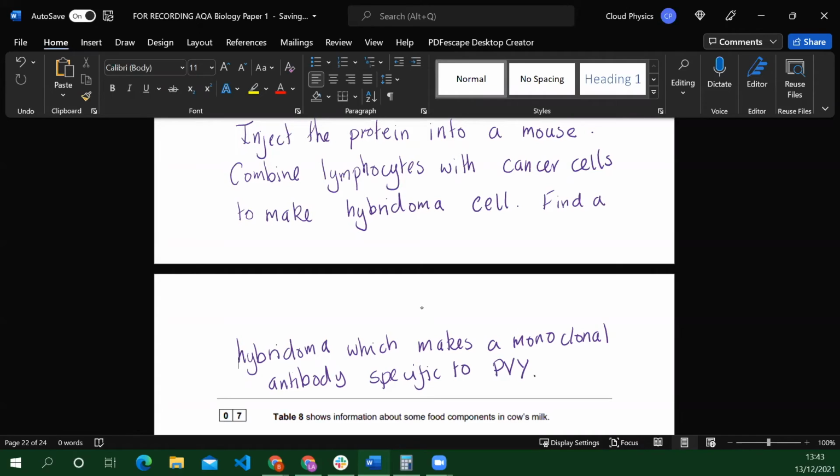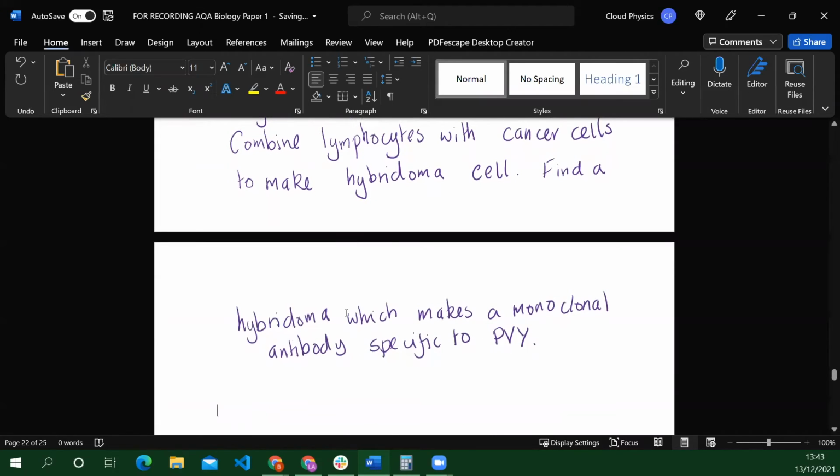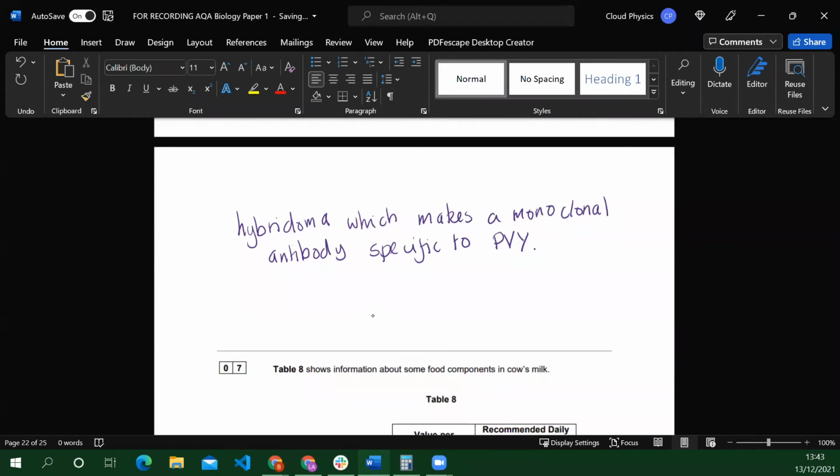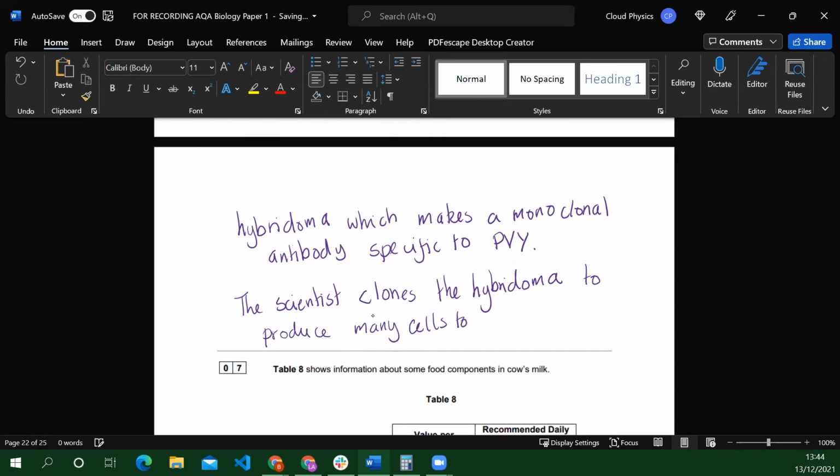Then the scientist clones. It's quite a few marks, 4 marks as well, isn't it? So the scientist clones the hybridoma to produce many cells to make the antibody.